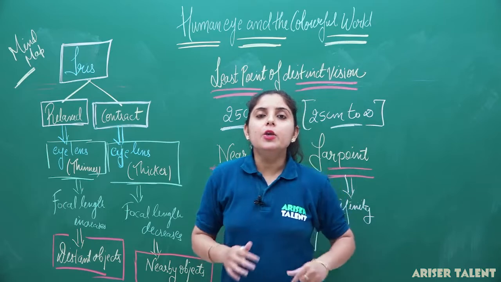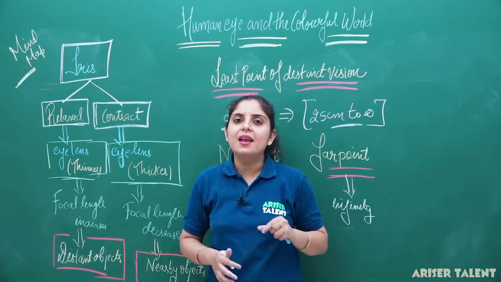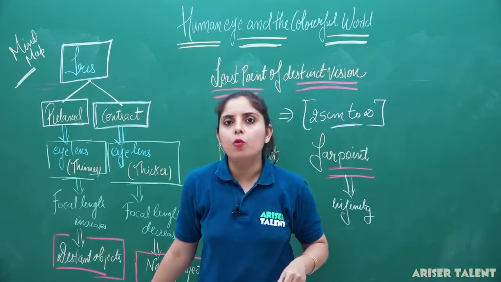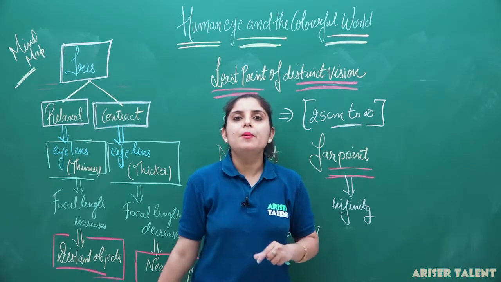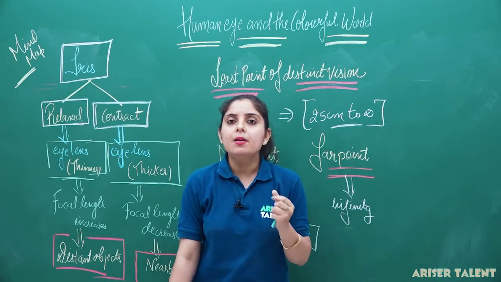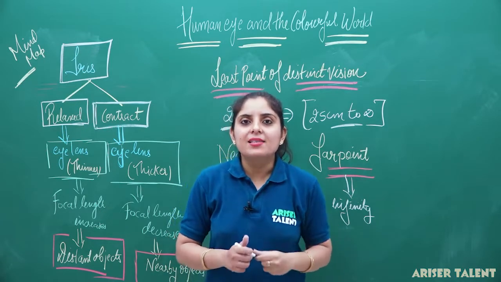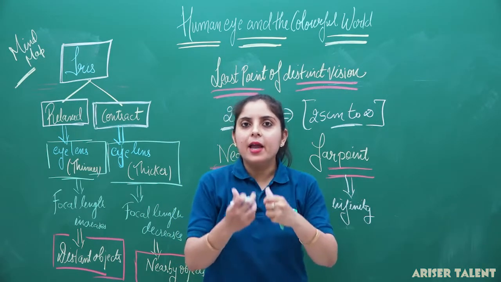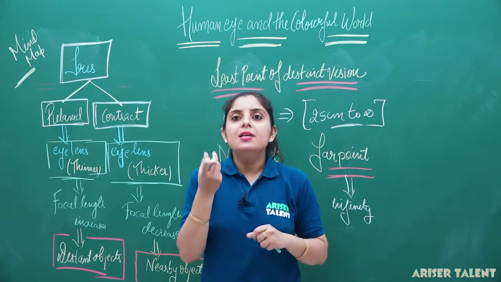Now, one thing you may have observed is that people in old age have lenses in their eyes which become milky and cloudy. If you have not observed that, just do a simple observation. This condition is known as a cataract, and they have to replace their lenses by performing a surgery.